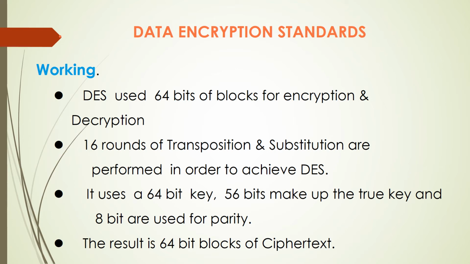Number 2, CBC mode, that is cipher block chaining mode. Number 3, CFB, that is cipher feedback mode. Number 4, OFB mode, that is output feedback mode. Then the last one is CTR mode, that is counter mode.